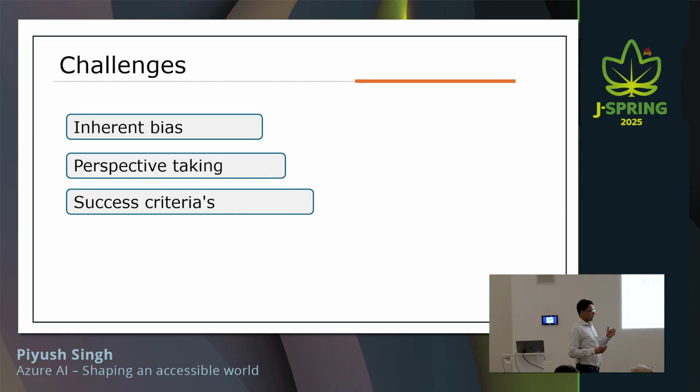And then the last one is the success criteria. A statement which is a lot of times mentioned is that nothing can be 100% accessible, because sometimes your accessibility needs conflict with each other. If you have an app on your mobile, you have limited space.